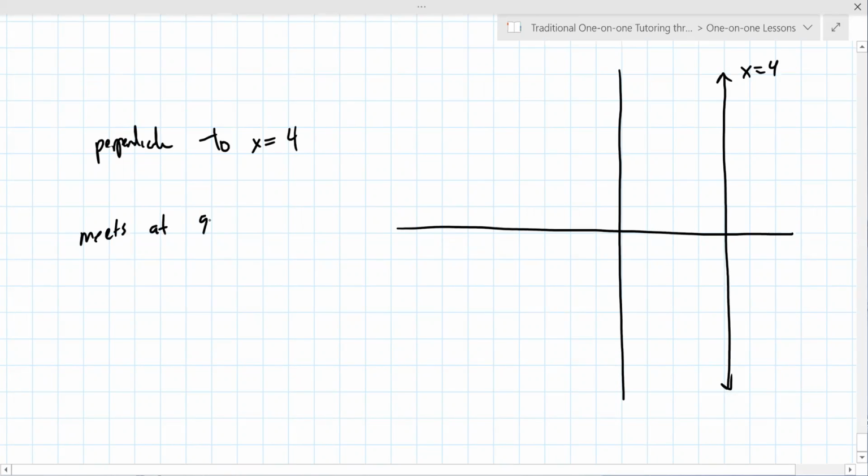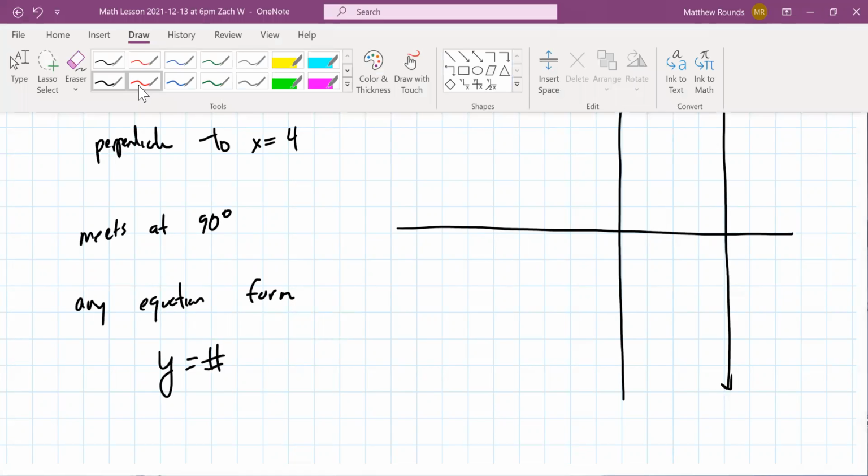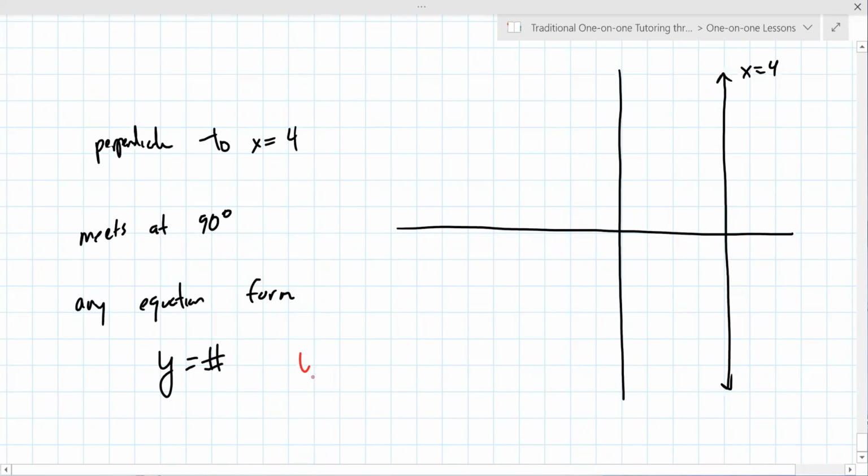So it's going to be any equation in the form y equals a number. So let's say it's y equals 1. There's y equals 1. Do those meet at 90 degrees? Yes, they do.